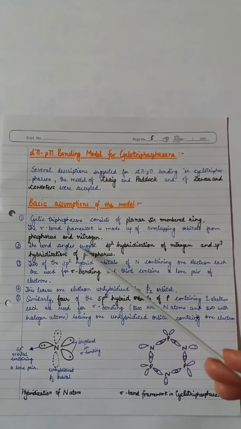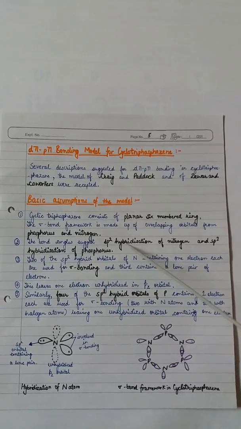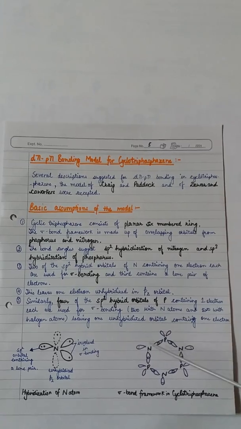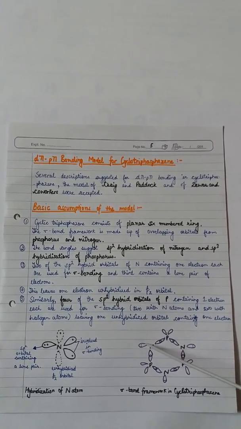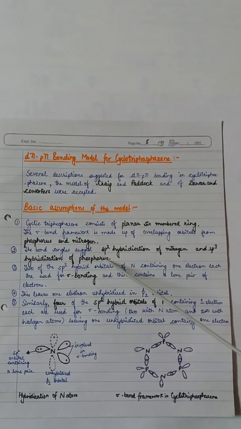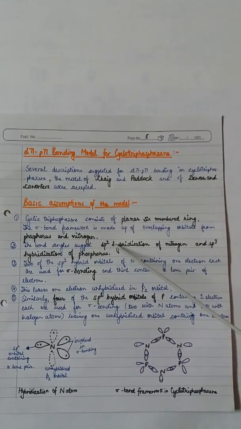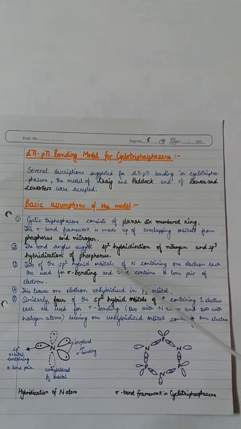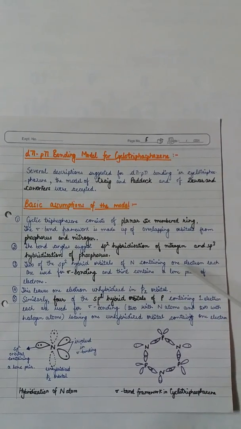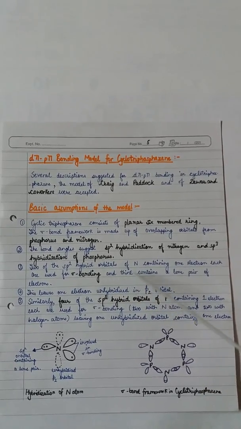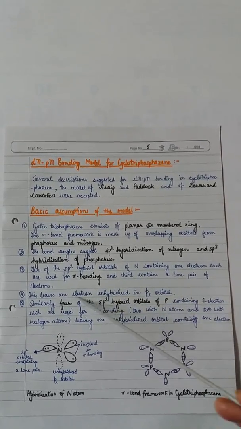The bond angles suggest sp2 hybridization of nitrogen. When we see the bond angle, we get to know that there is sp2 hybridization of the nitrogen atom and sp3 hybridization of phosphorus. As there is sp2 hybridization of nitrogen, two of the sp2 hybrid orbitals of nitrogen, containing one electron each, are used for the sigma bonding, and the third contains a lone pair of electrons.